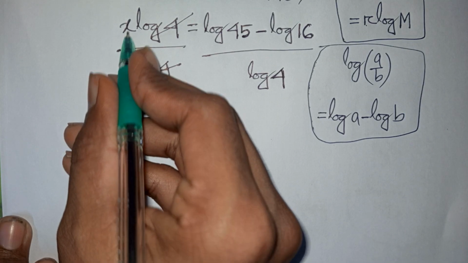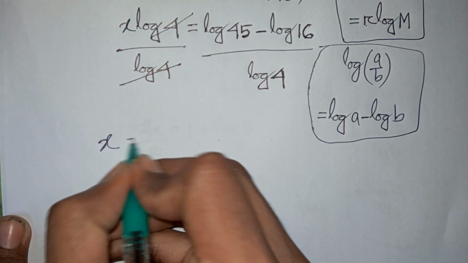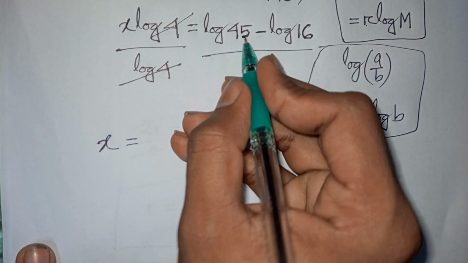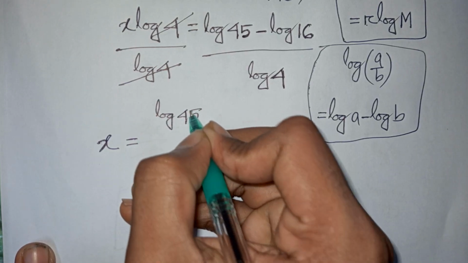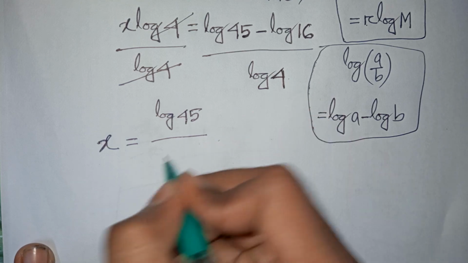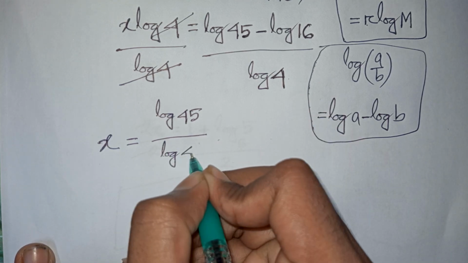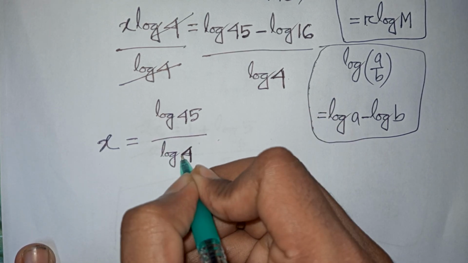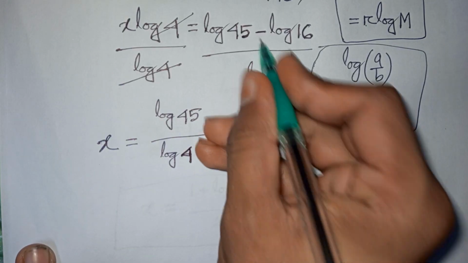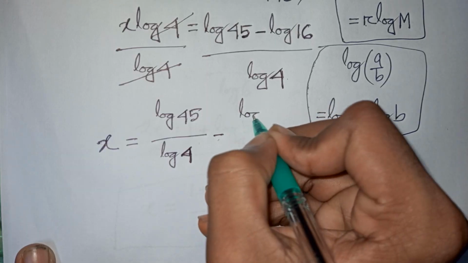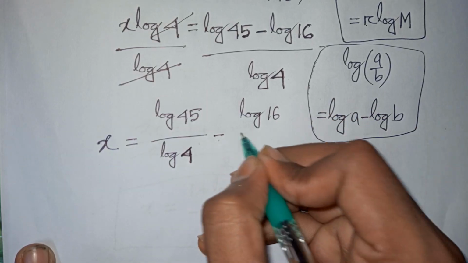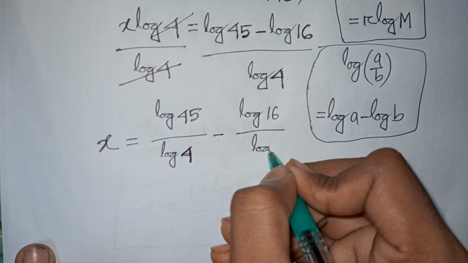Now we have x is equal to log 45 over log 4, then minus log 16 over log 4.